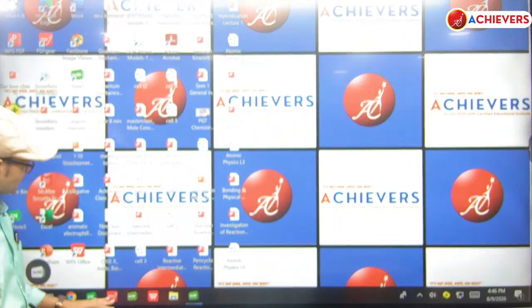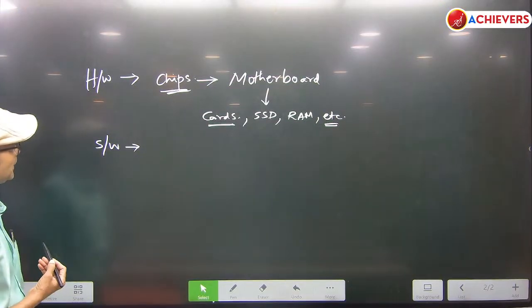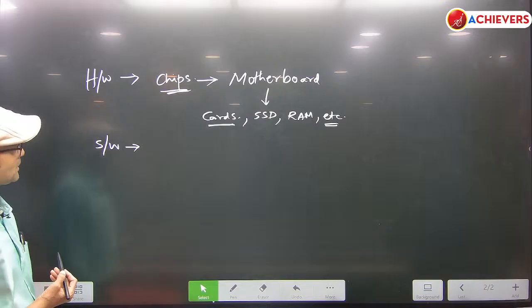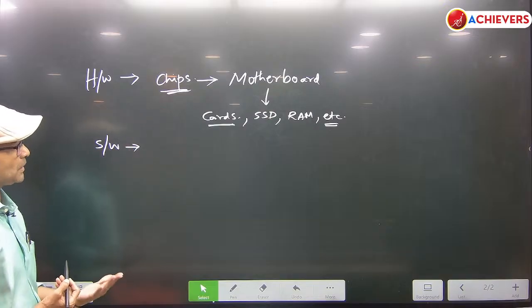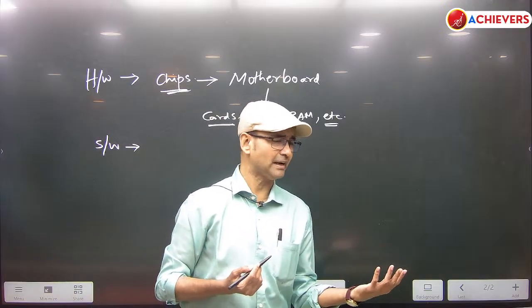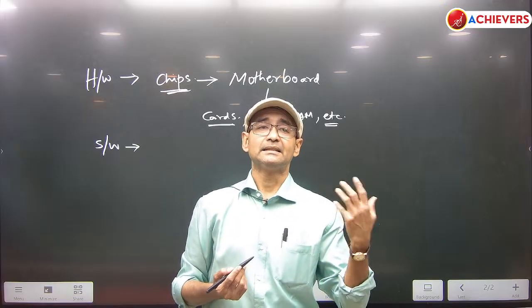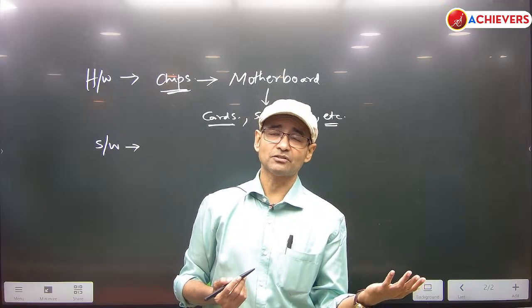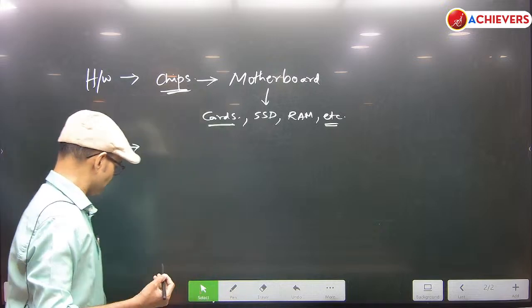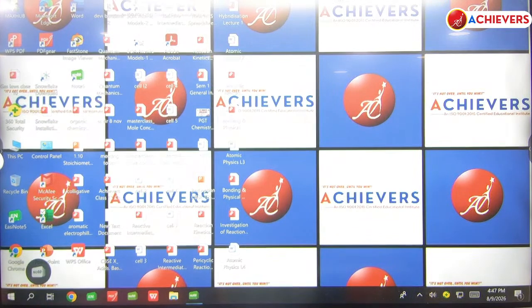Over here we can open the notes again and start with the different types of softwares. We have already seen the different types of softwares, application software and system software, and we also defined the different types of application softwares. I would like to show you another thing.